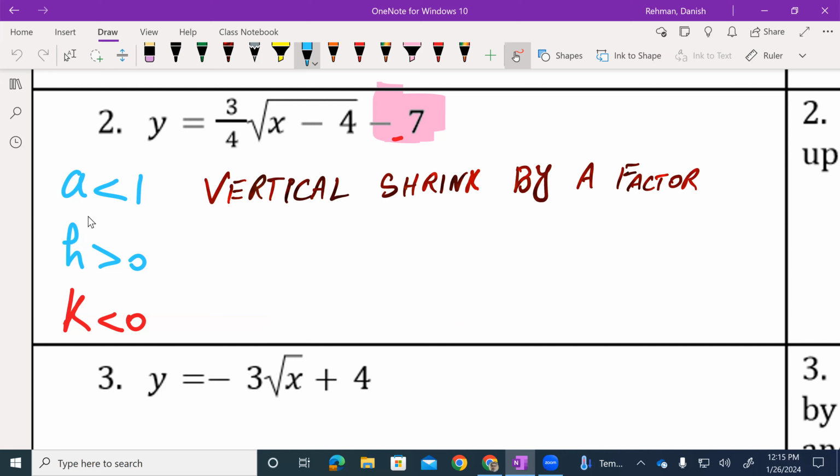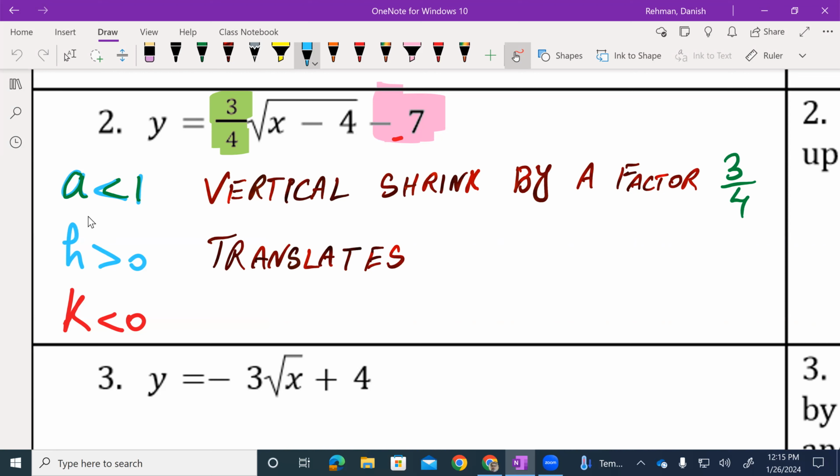By a factor of 3/4. Whatever was the number here in place of an a, that number will be written over there. And then what I will explain for the h translates, which side? Left or right?